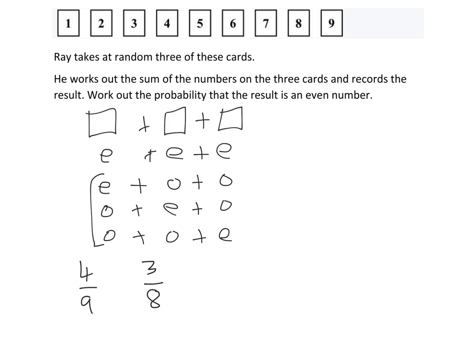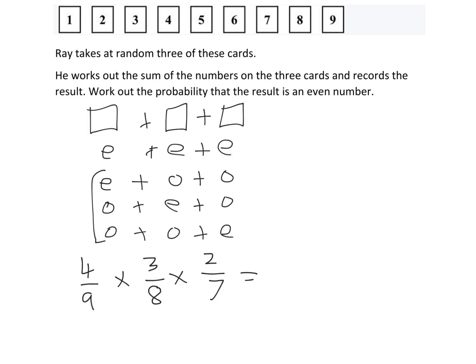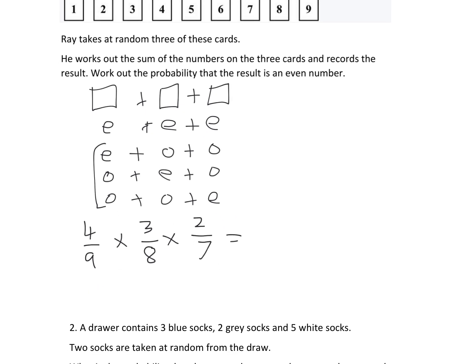And if he goes again, there'll only be 7 numbers left, and there'll only be 2 even numbers. So what's the probability of getting an even and an even and an even? It'll be this one and this one and this one. So it'll be a multiplication. You multiply those 3 together. I'll get that number in a minute.